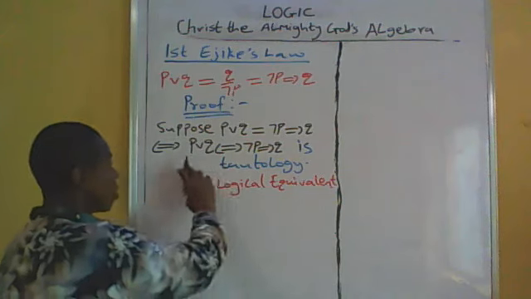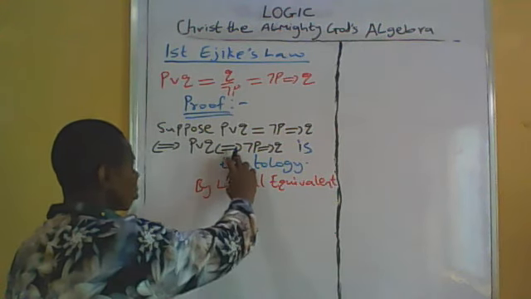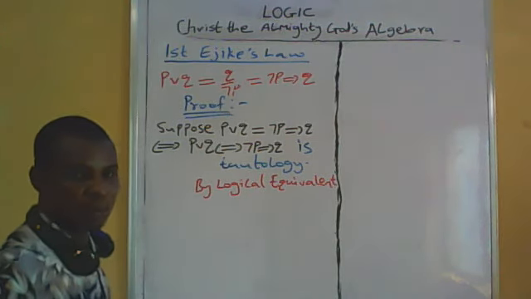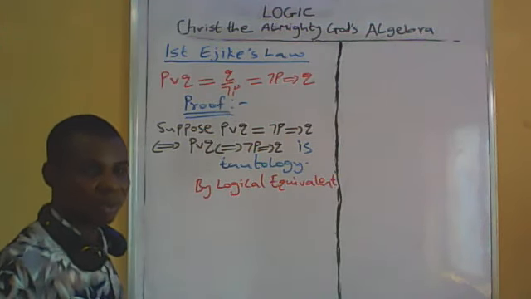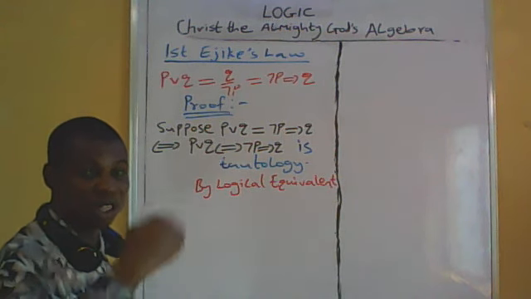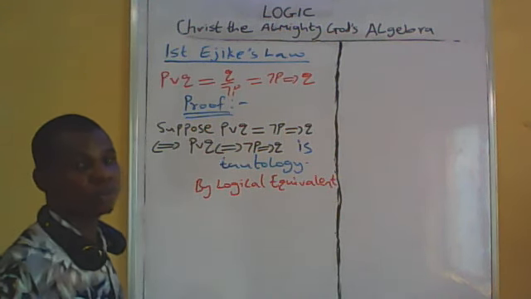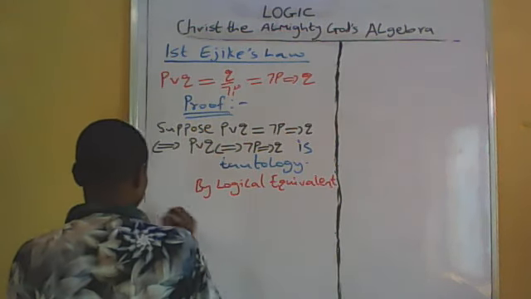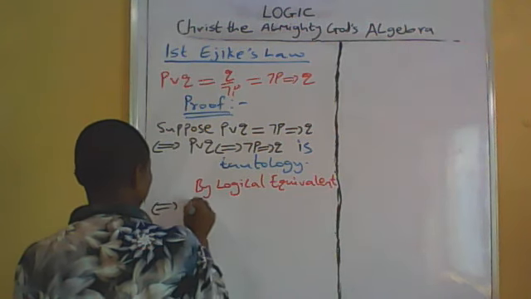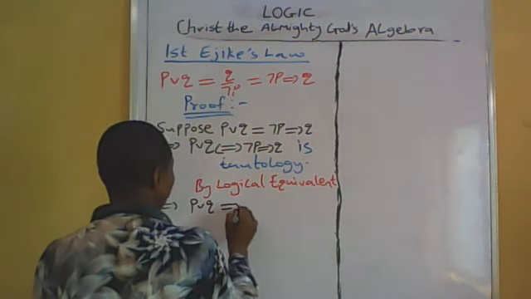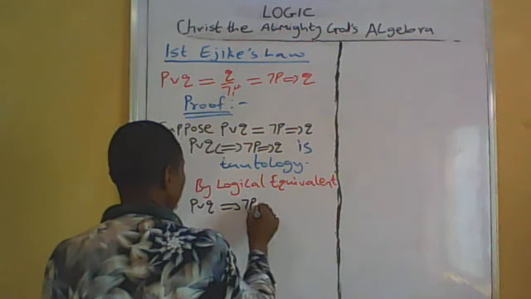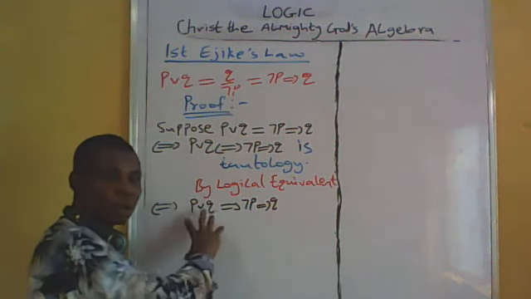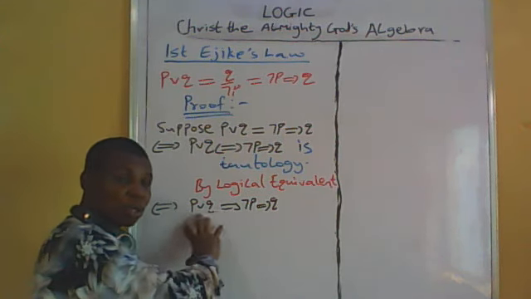Now, since we have transformed it to a bi-conditional statement and tautology, we can also transform it to a conditional statement, and it will preserve tautology. That means P or Q implies not P implies Q. We have now transformed it to a conditional statement.